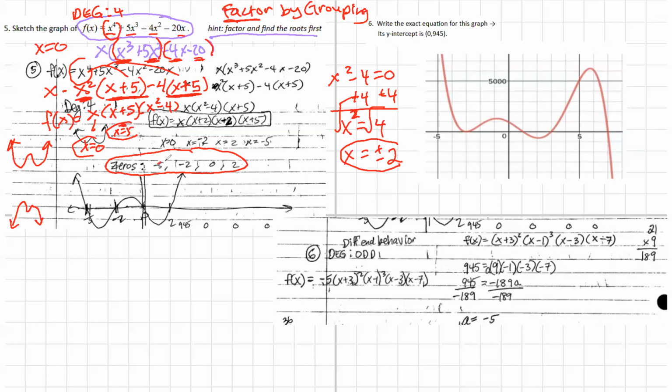So -5 goes first, then -2, then 0, then +2. So that's the order. So I'm going to come down through -5, come up through -2, come down through 0, and up through +2, like so.